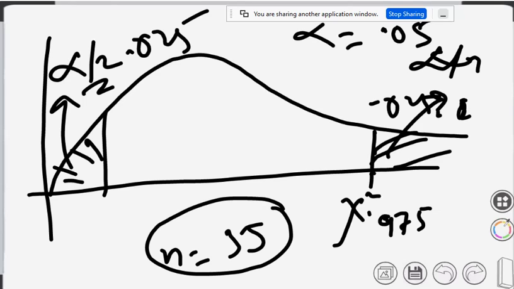Then n minus 1 will be 34, so two values you have to check, and the area will be one sided: on this side it will be 0.975, and on this side it will be 0.025.